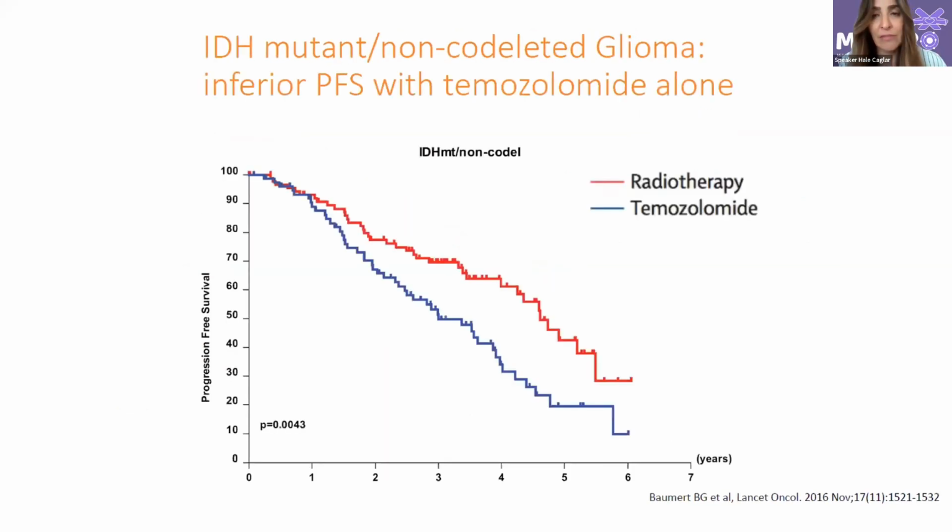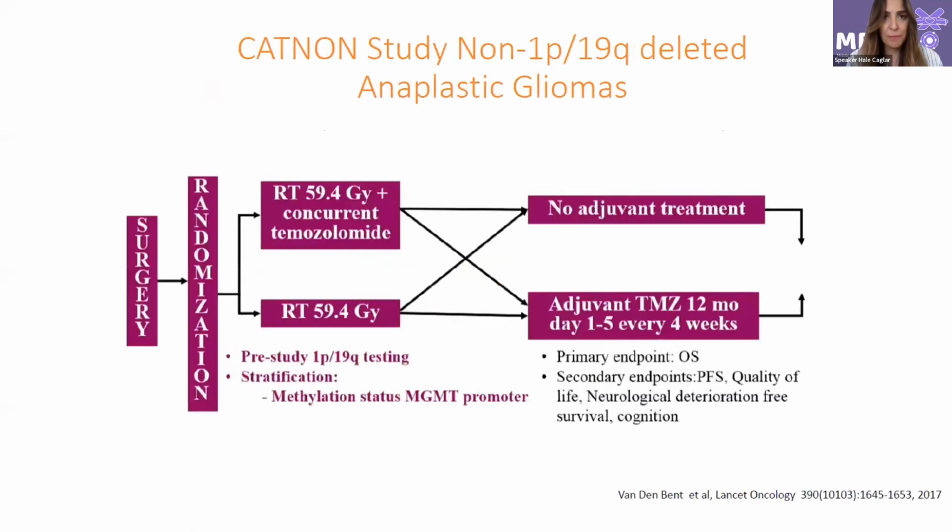But what we have learned again is the importance of IDH mutation. For the tumors which were IDH mutated and non-codeleted, treating with only temozolomide is not a very good option. You have to combine it with radiation therapy.